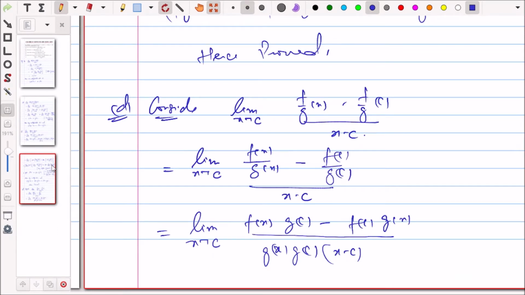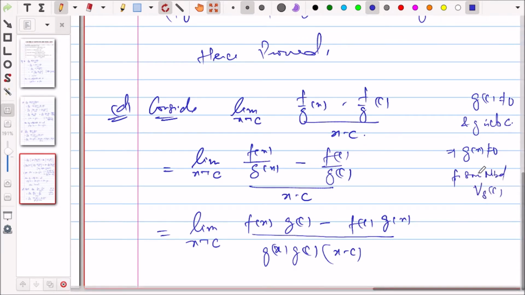No, no. See, g(c) is non-zero and g is continuous at c, being differentiable. So this will imply that g(x) is non-zero for some delta neighborhood of c. For all x belonging to this, right?